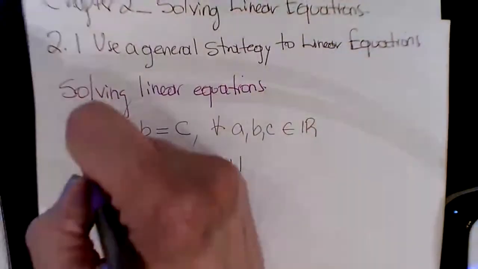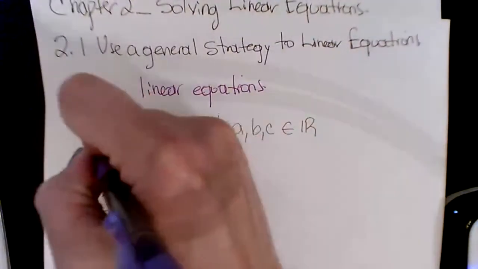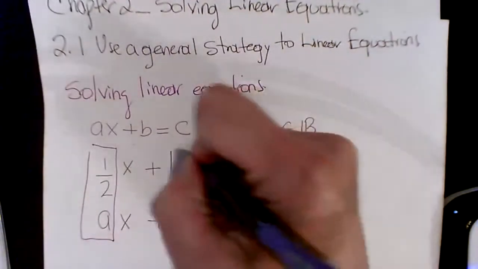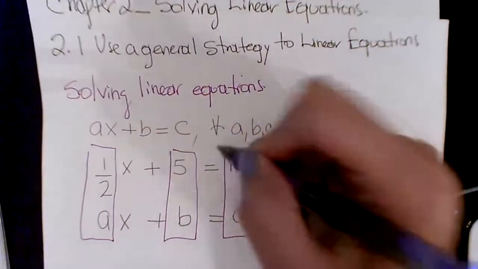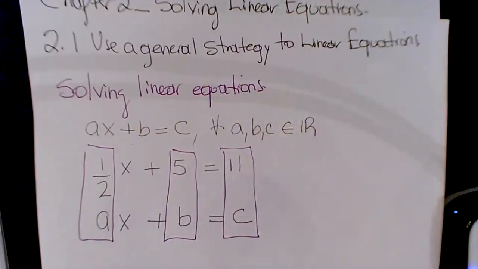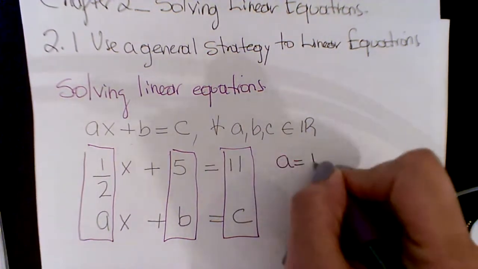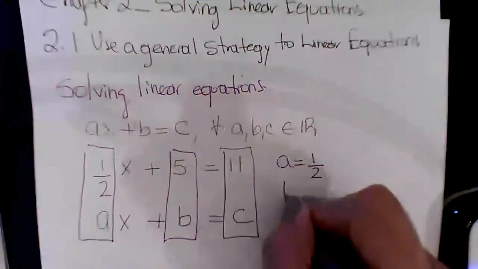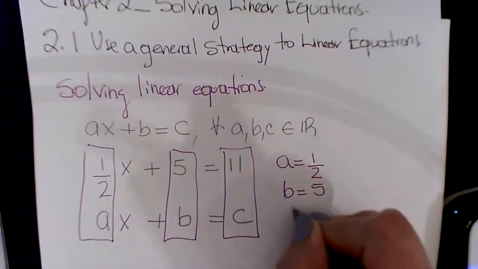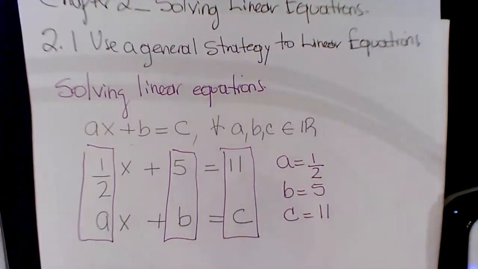So here's a, here's b, and here's c. So a is 1/2, b is 5, and c is 11.